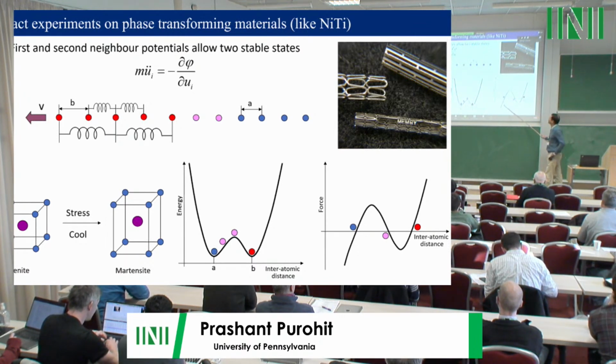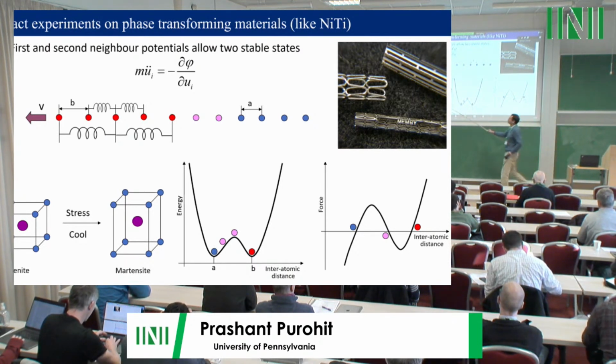The stress-strain curve for such a material looks like this. It is up, down, up, and this branch is phase 1, maybe it is the austenite, and this branch is phase 2, maybe it is the martensite. And the martensite and austenite structures at the atomic level are shown here.